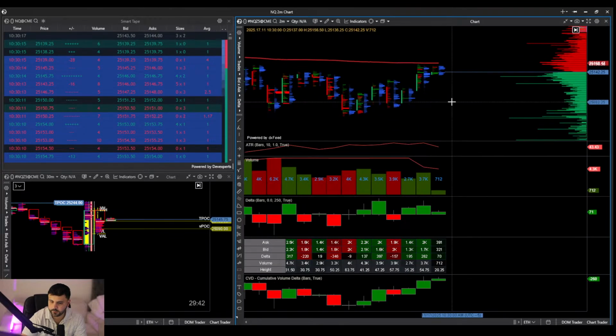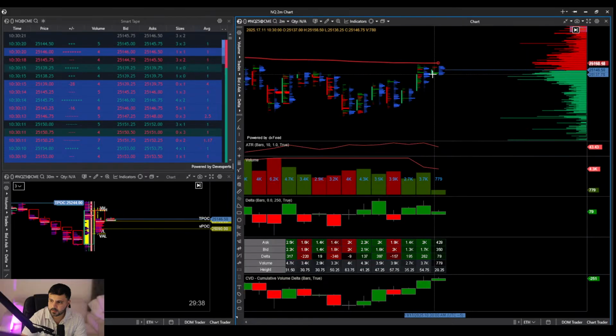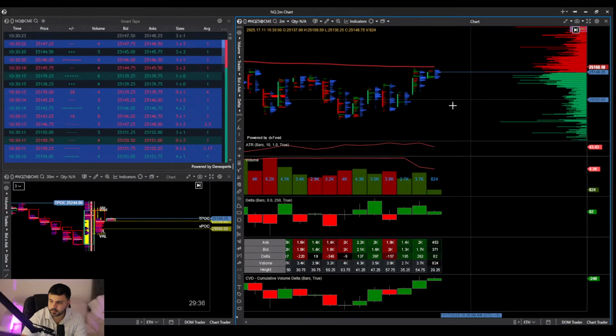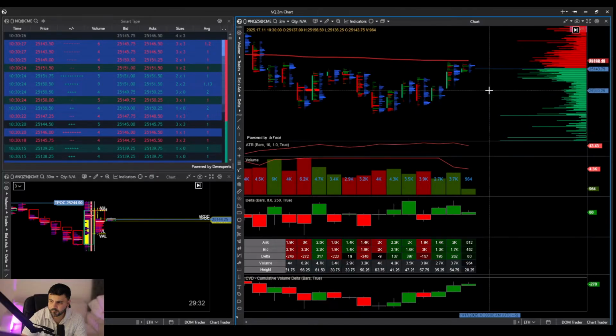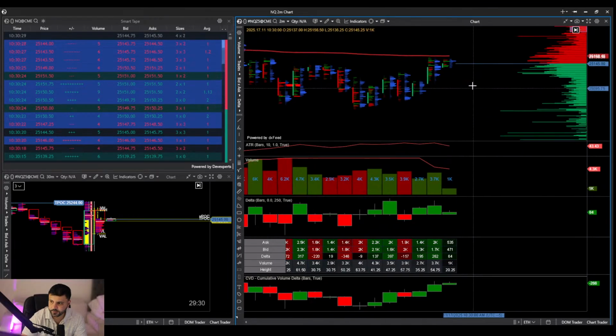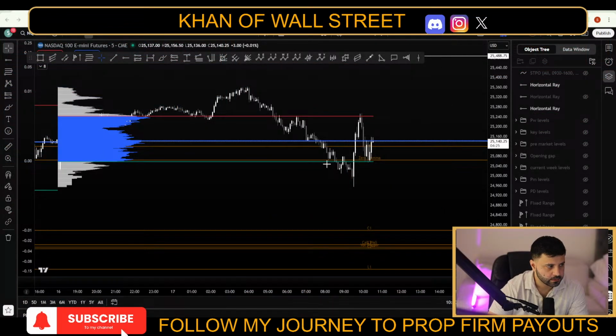I mean, a lot of delta just opened up at the VWAP right there. And if it reverses, you're going to give away a lot of points. So, yeah, I'm happy with that. I'll take it. VWAP is also the point of control.